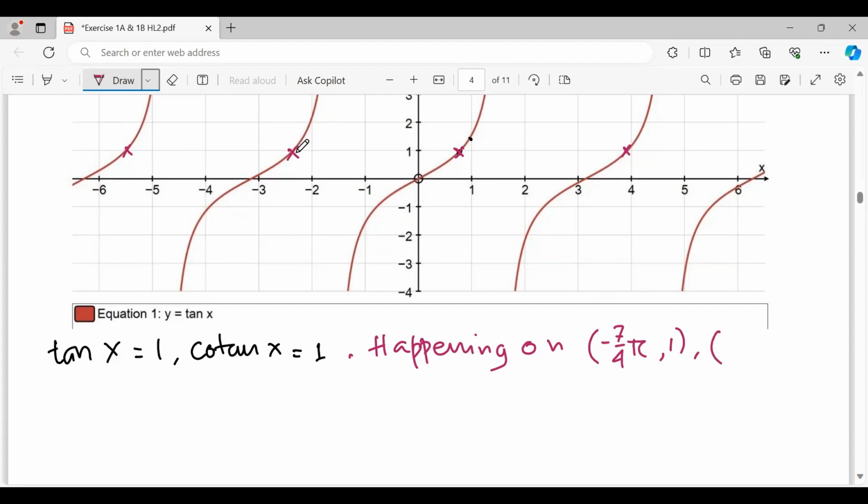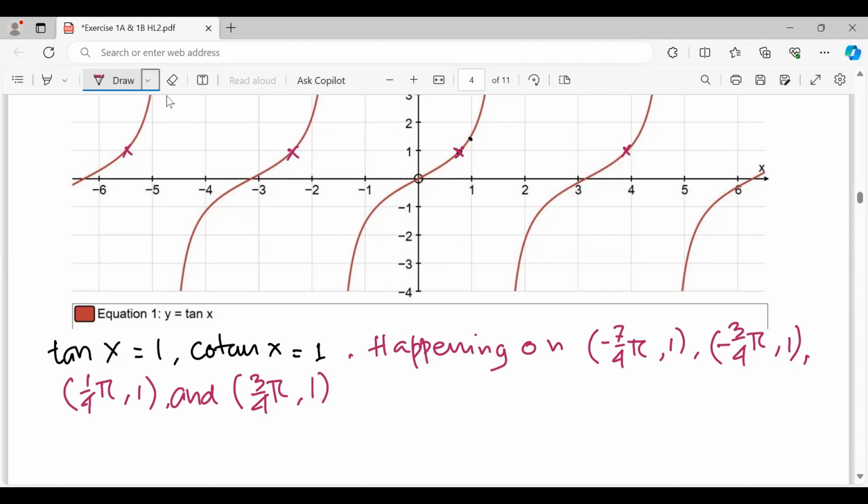As well this coordinate point, -3/4 pi, comma 1. And then this coordinate point, 1/4 pi, comma 1, or 45 degrees, and this one, 225 degrees, 5/4 pi, comma 1.